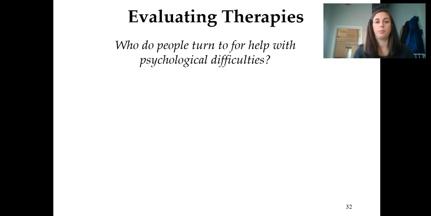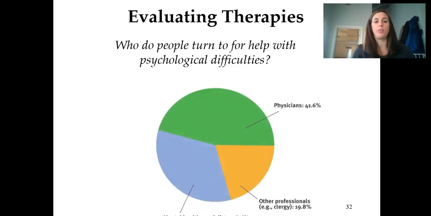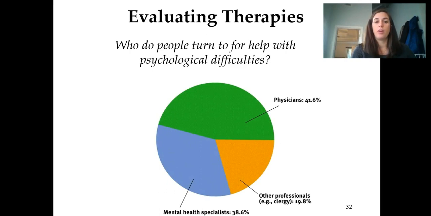All right. Okay, so just kind of looking at all this psychotherapy in general, who do people turn to? Mostly physicians, psychiatrists, right? To get help. But then you also get your other mental health professionals, your psychologists. And then other professionals like clergy or maybe school counselors or something like that.